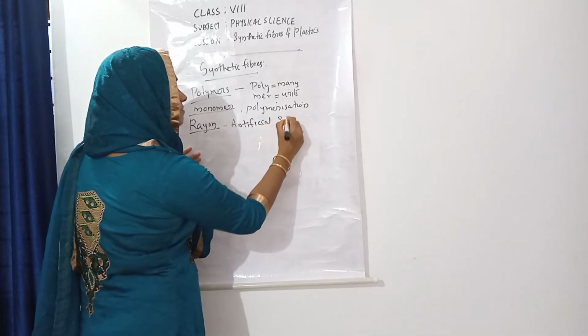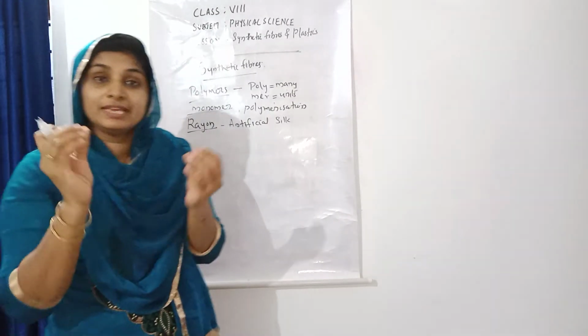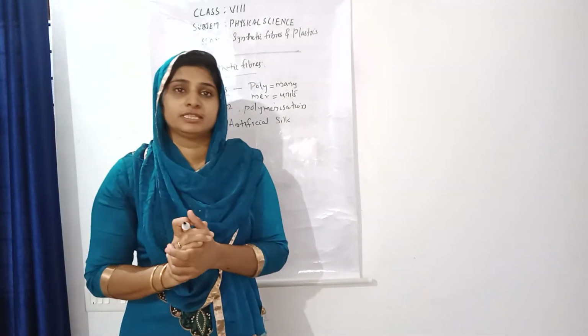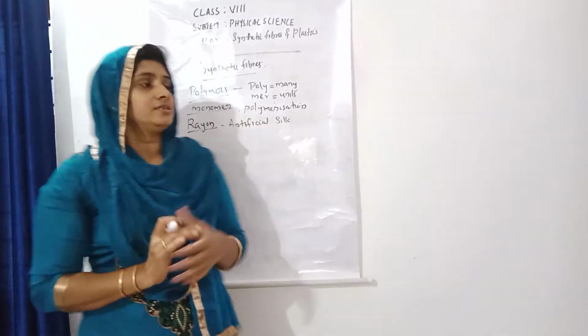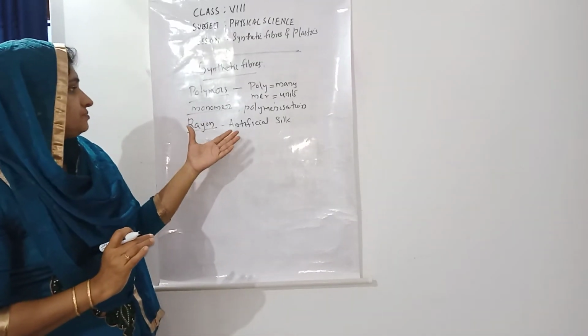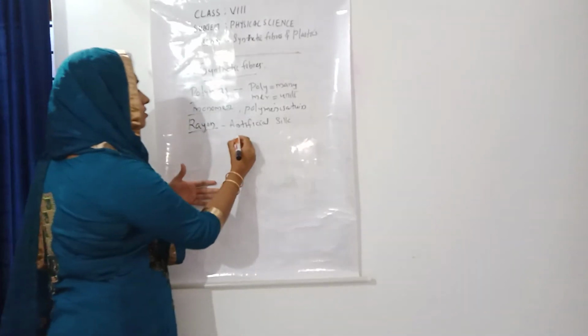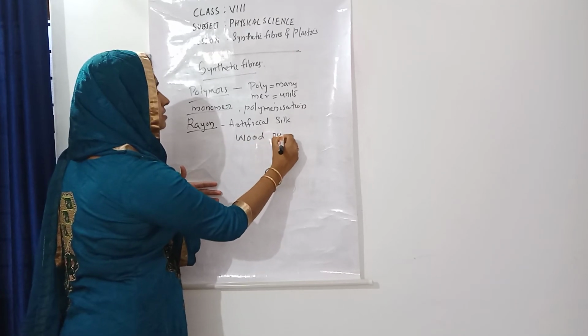Artificial silk, because it looks like silk, very shiny, and it's very light. But it is not as expensive as silk. It is cheaper than silk. Okay, and this rayon is also made from wood pulp. Wood pulp is obtained from plants, right?